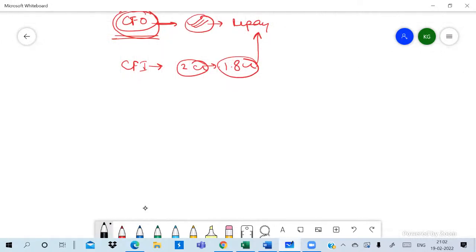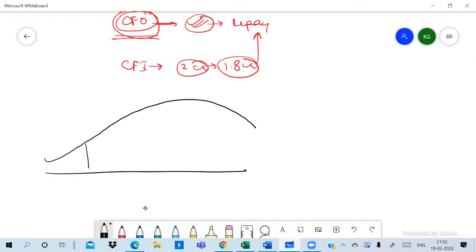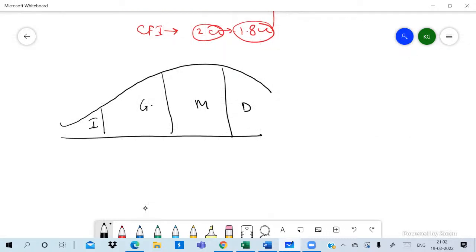So again, going back to the stages that a company would go through: the introduction stage, the growth stage, the maturity stage, and then the declining stage. Let's look at individual line items. I can have cash flow from operations, cash flow from financing activities, cash flow from investment activities.